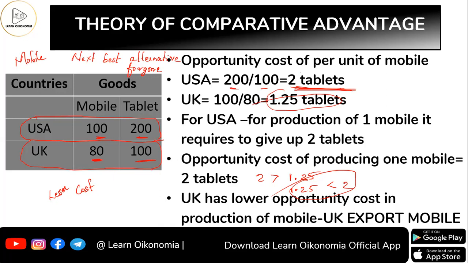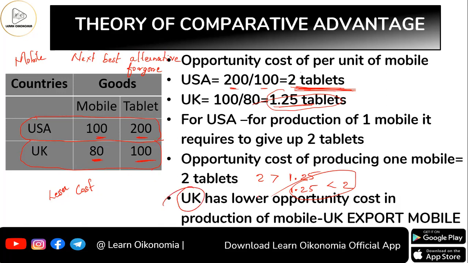For the production of one mobile phone, UK requires to sacrifice only 1.25 tablets. But when it comes to USA, for the production of one more extra phone, it has to sacrifice 2 tablets. So the opportunity cost in the production of mobile is lower for UK.